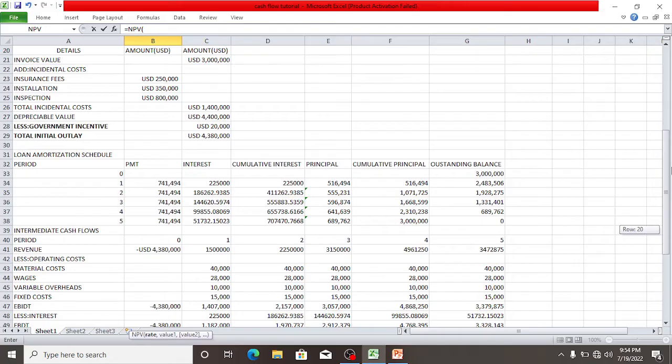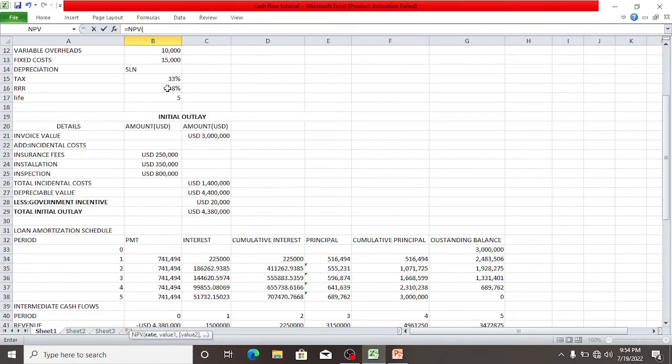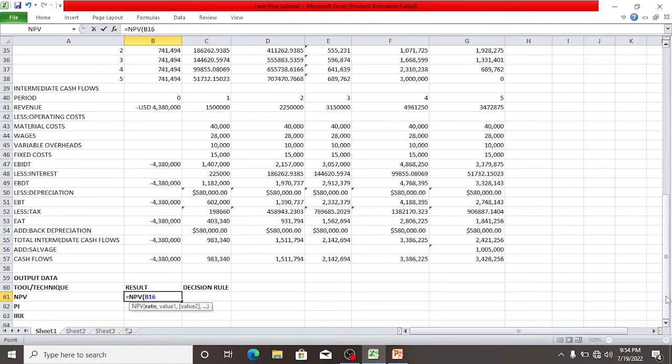The required rate of return is 8%. Sometimes it is called the cost of capital or the weighted cost of capital. Then let me put a comma, and then I'm going to go to values.